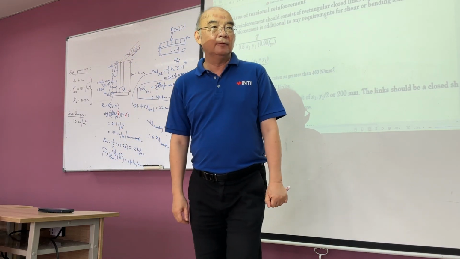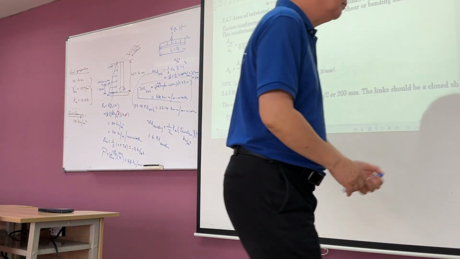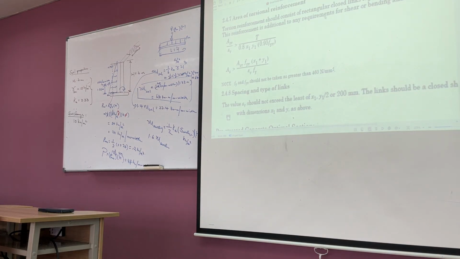Okay, so here, MS soil is 1/6 of Ka, gamma is the weight of the soil, H cube.